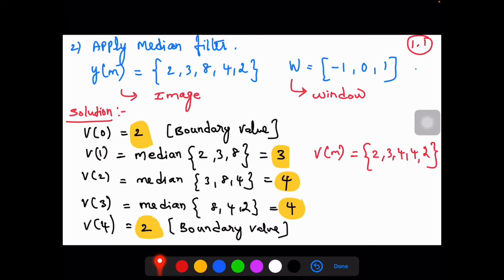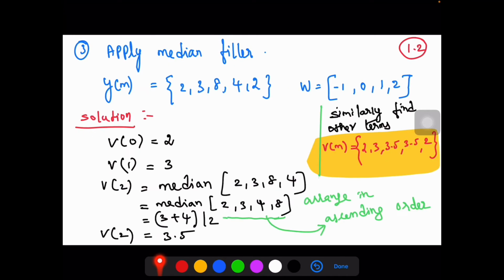Yes, this is the median filter when a window is given to you. Now here it's -1 0 1 comma 2, an even window size, so you have a 4 window size sequence. Now let's find the median values. y[1] is going to be 3, and y[2] is the median of 2 3 8 and 4.